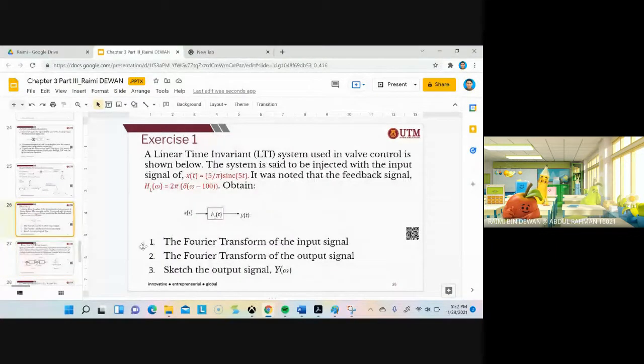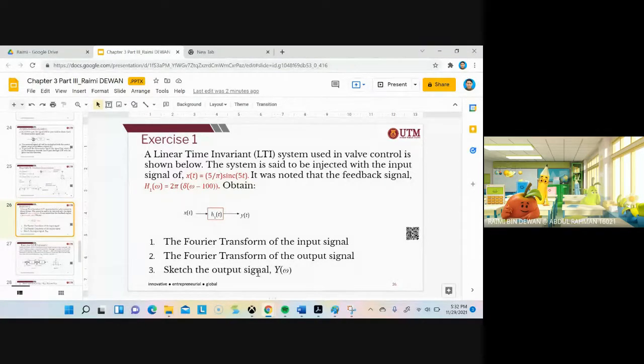This one seems like a 5 sinc here, H omega. This one is the Fourier transform. The Fourier transform of the output signal is the Fourier transform of the input convolved with the system, but because it is in omega frequency, it's just like multiplication. Multiplication of 5 pi sinc, just multiply with this.